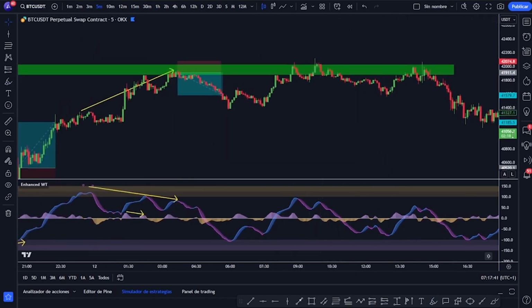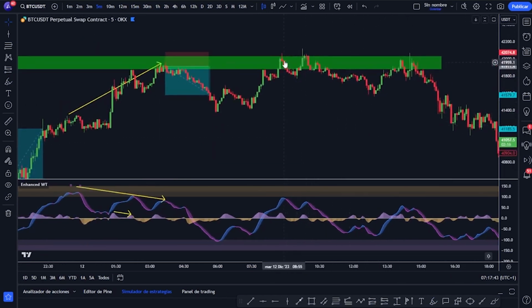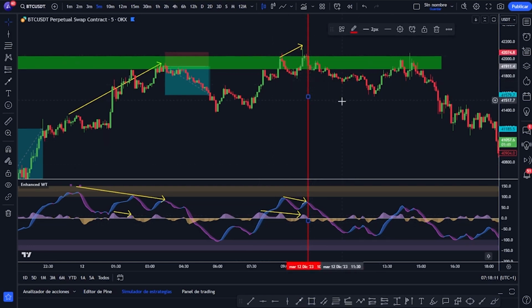Of course, we know that this area is going to exert a lot of downward pressure, and we notice that, again, another divergence of the indicator with the price is formed. In turn, we also have the inner waves. With that divergence, we can interpret that this point is another good entry to make our operation.